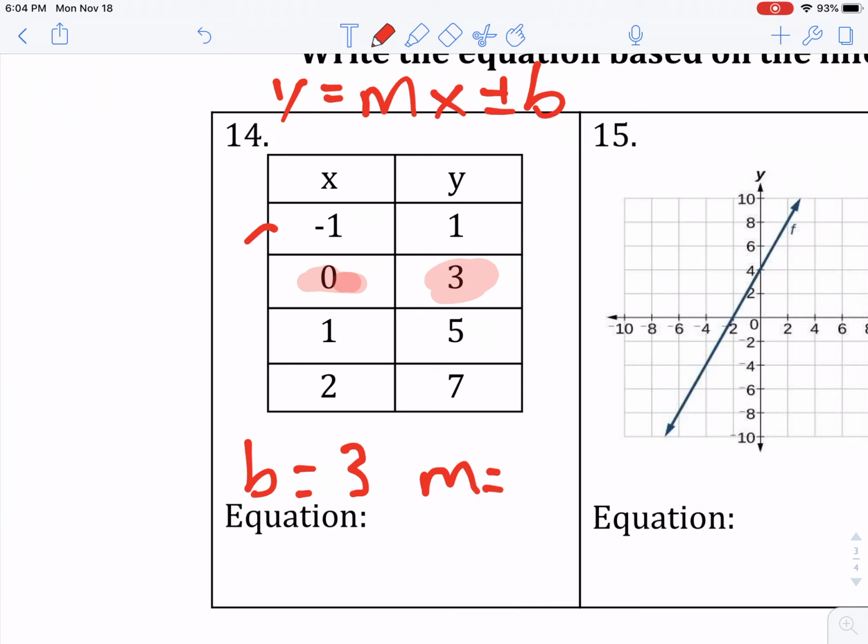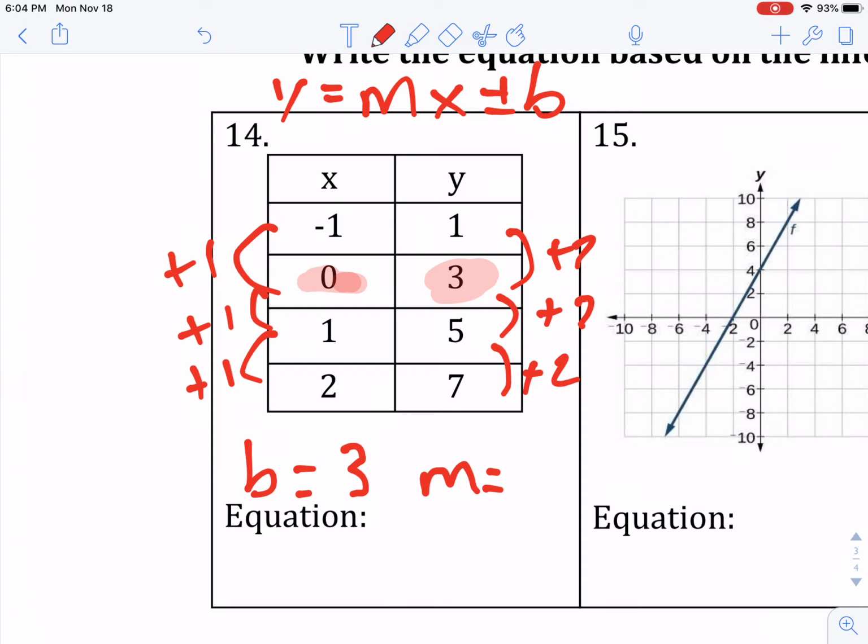So how you're going to figure that out is find the constant rate of change. So here it goes +1, +1, +1. And here it goes +2, +2, +2. And so we know that slope is rise over run. And if you think about a graph, the y values determine the rise.